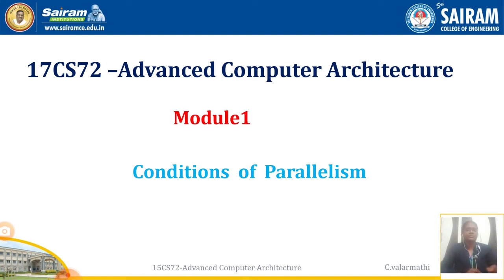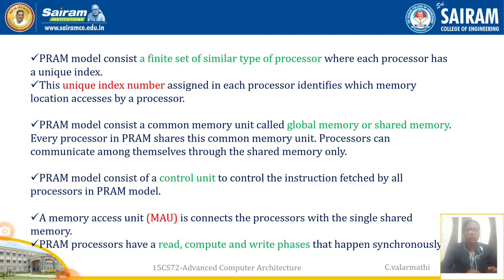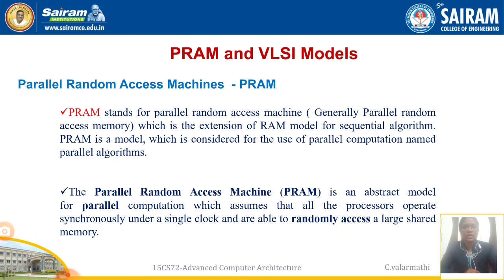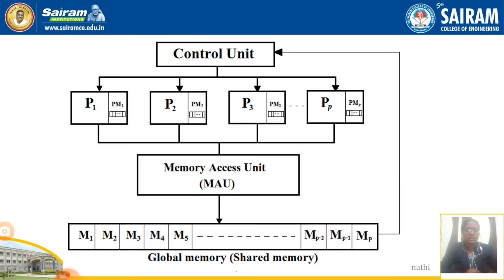Next, let me revise this PRAM. The PRAM processor model is an extension of the RAM model, and in this PRAM you will have n number of processors. These n processors have access to global memory with the help of the memory access unit.